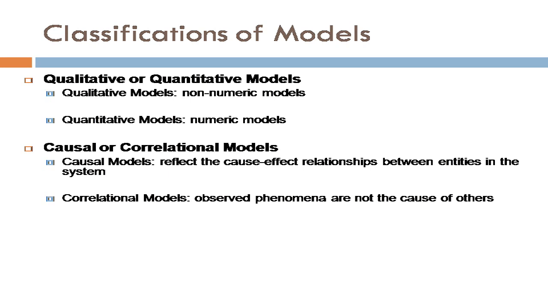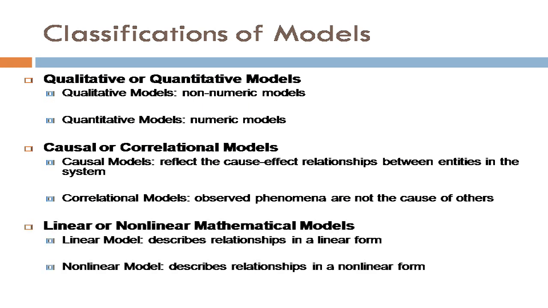They can be causal or correlational. Causal, meaning it reflects cause and effect relationships, or correlational models where you put together certain phenomena, however, one is not necessarily the cause of the others.